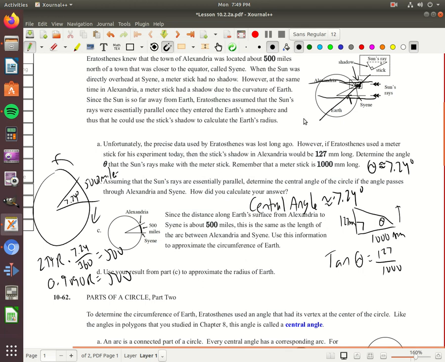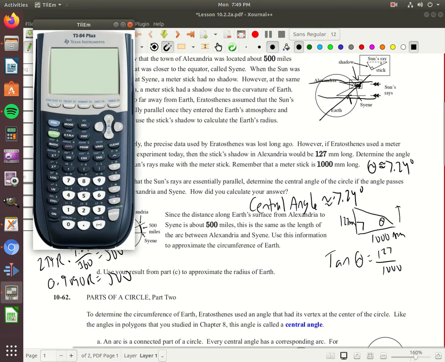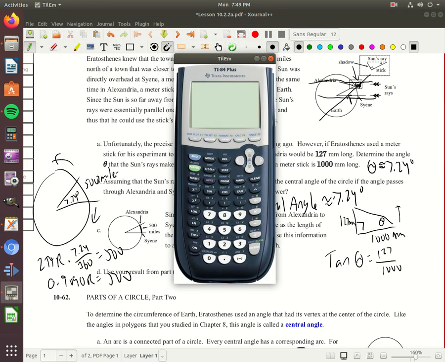So let's go back here. I'm not sure if I punched something incorrect in the calculator. I feel pretty confident about my setup, so I'm going to try this one more time. I get 2 pi times 7.24 divided by 360 is equal to 0.1263.